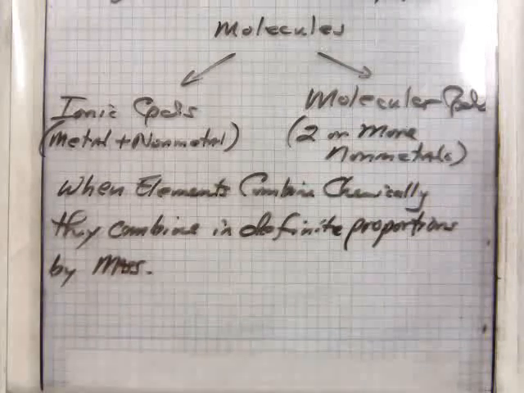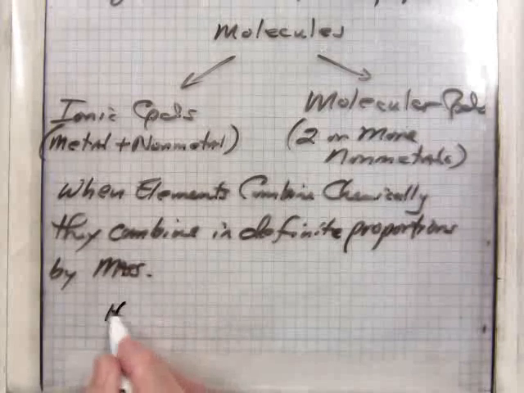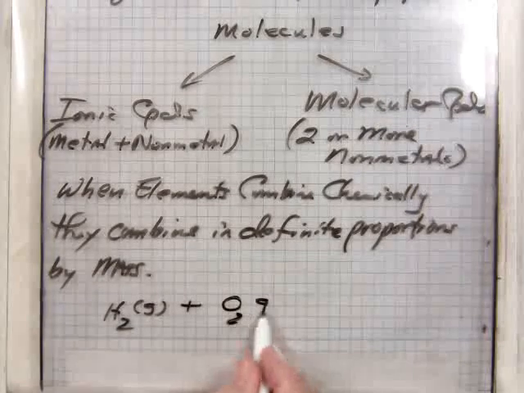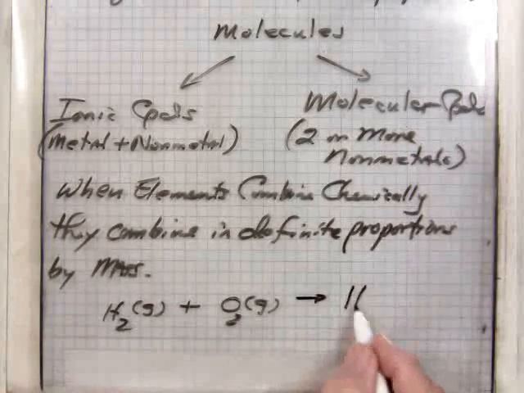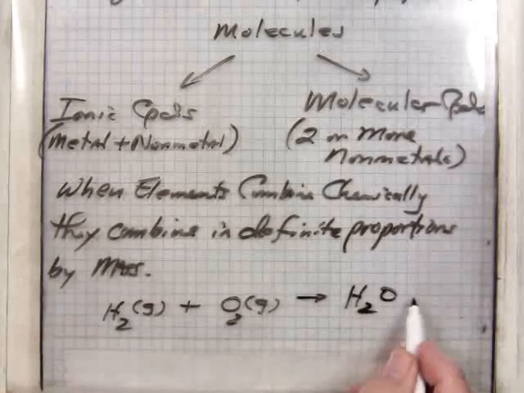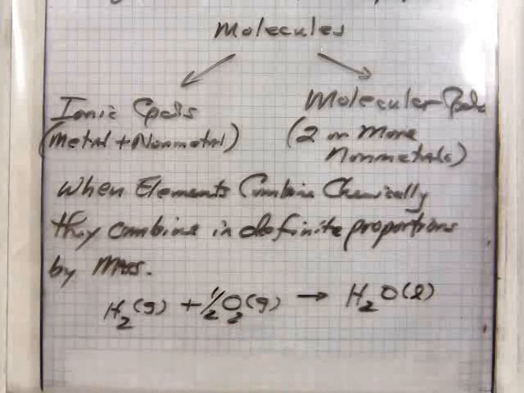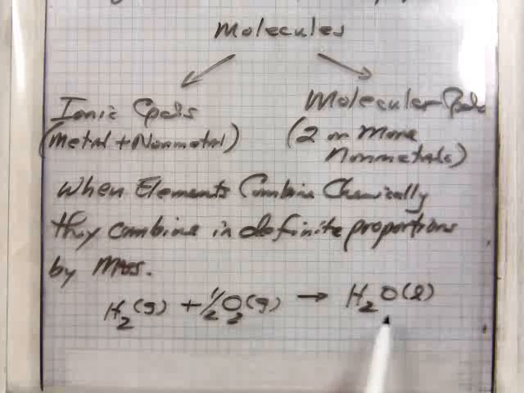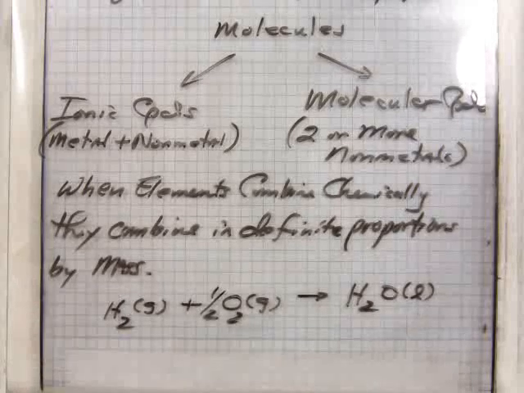And as an example, in the formation of water, for example, we have hydrogen and oxygen, molecular hydrogen and molecular oxygen combining to make liquid water. And we have to balance it with a coefficient, which we'll talk about later on. But in the substance generated, when we talk about water, it always combines in a 2-to-1 ratio.